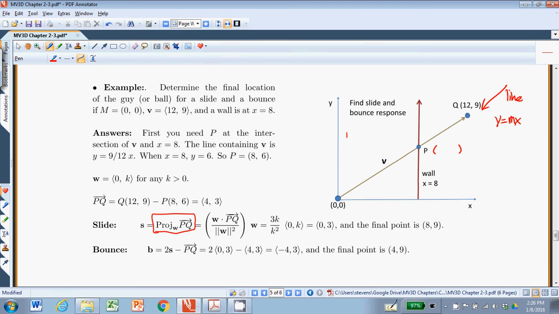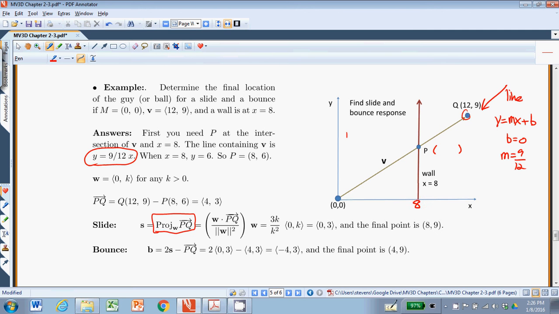If I just think of it in slope-intercept form, y equals mx plus b, I know that the intercept is 0. And the slope is just rise over run here. So the slope is just 9 over 12. And so that line is just y equals 9/12 x.